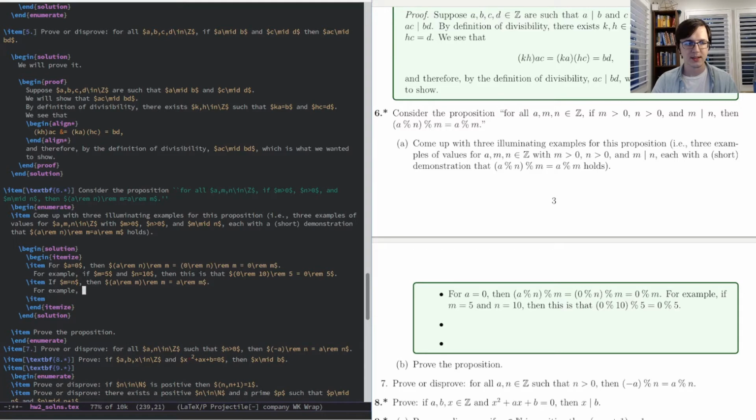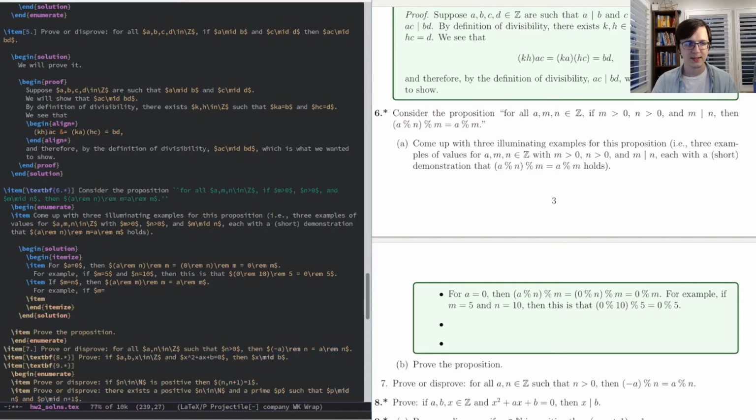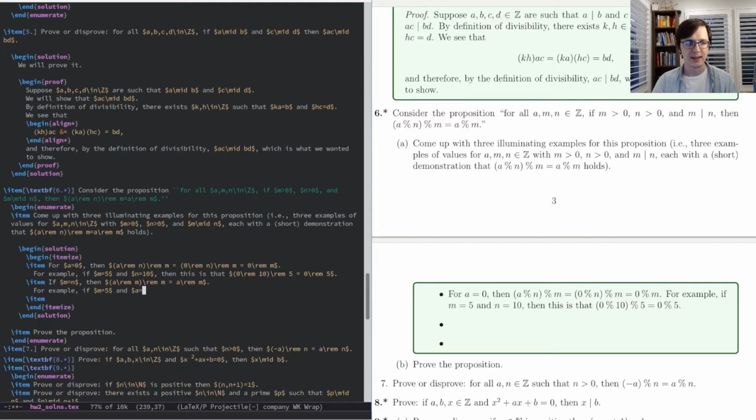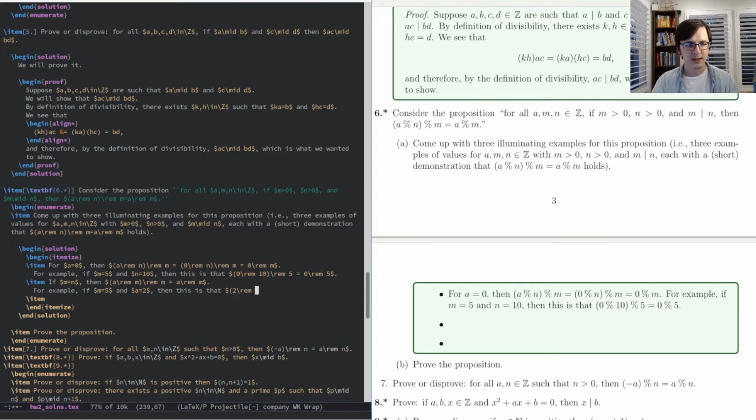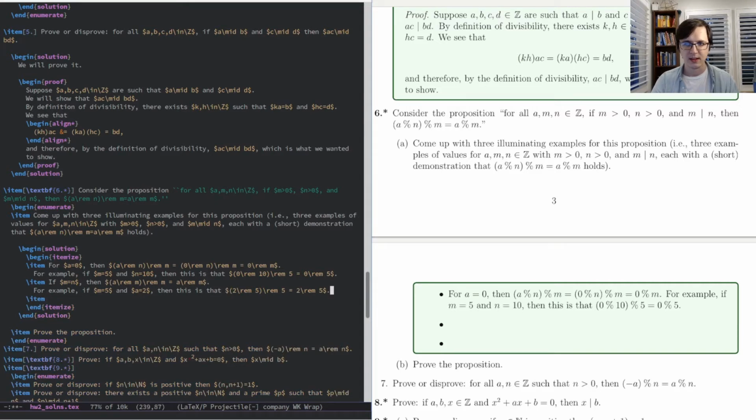For example, if m equals 5 and a equals 2, then this is that 2 remainder 5 remainder 5 equals 2 remainder 5.